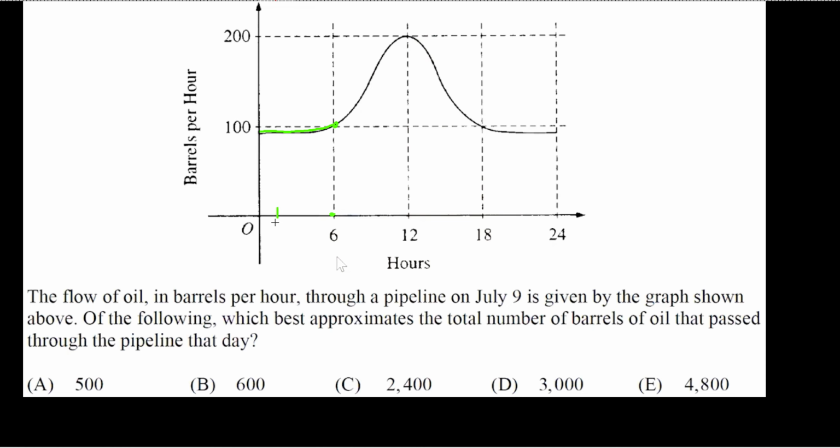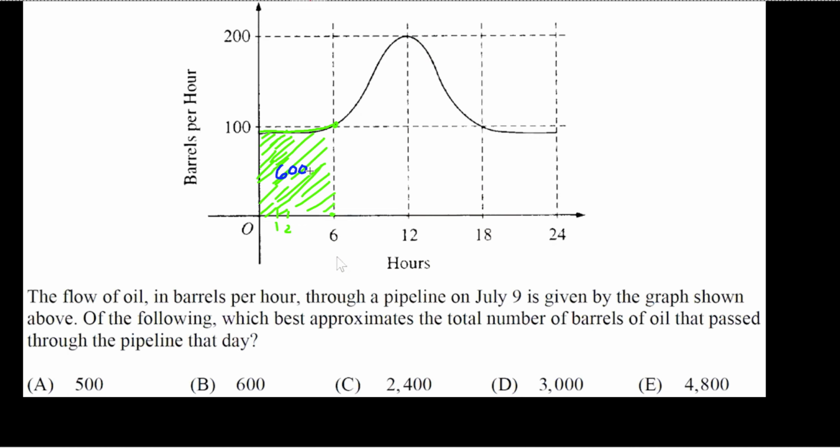After 1 hour, they've done 100 barrels, and then after 2 hours, they've done 200 barrels, and so forth. And it should make sense to say that after 6 hours, this area here is 6 times the 100. This area right here is going to be about 600 barrels produced.